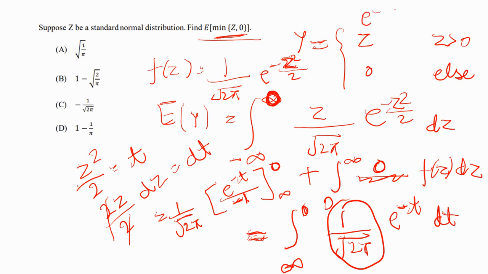So e to the power minus infinity will be what? 1 upon e to the power infinity, which will be 1 upon infinity, which will be 0. So for this term it is 0, for this term it is minus 1. So ultimately we will have minus 1 upon root 2 pi.